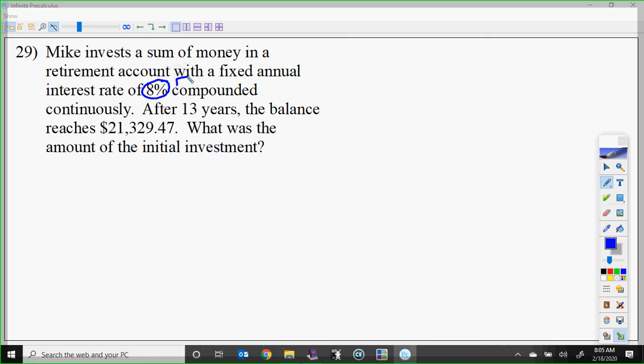There's our R. They give me T. They give me A. They ask me to find P. So this should be our last set. They're going to do this with compounding continuously, which is what this one is. And then we know we're going to do one more with K times per year, but this should be the last set of problems. So we have A equals P E R T.